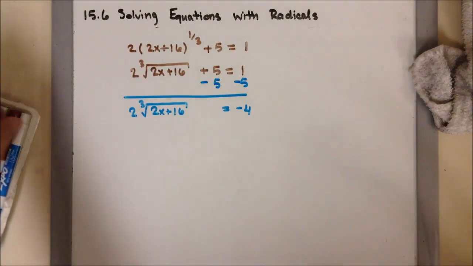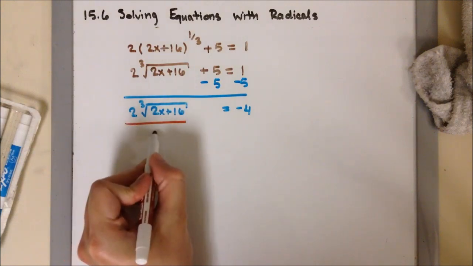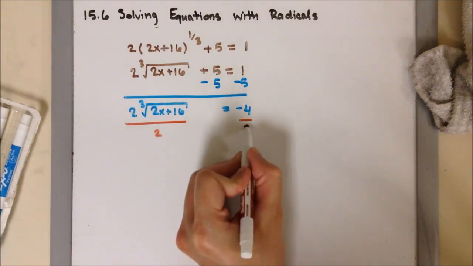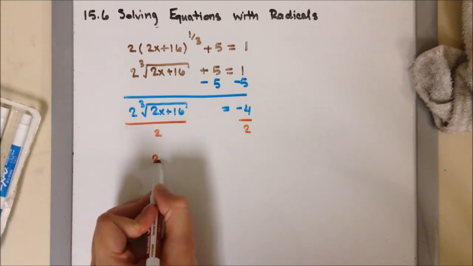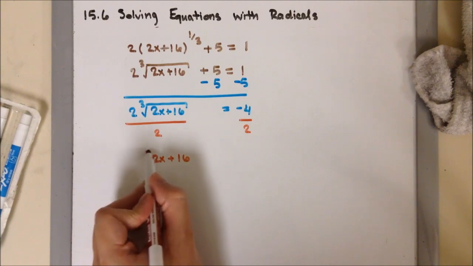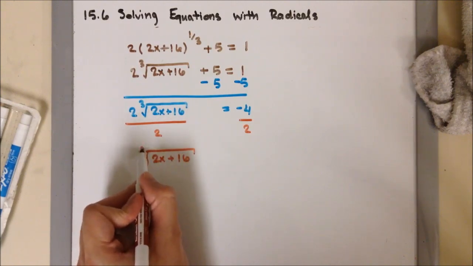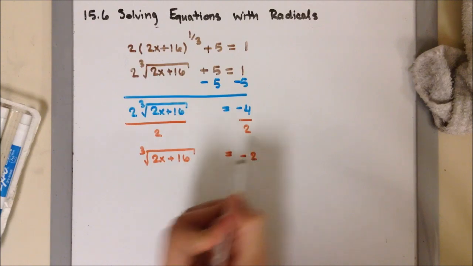From there, I'm going to divide both sides by 2. So on the left, I will still have the cube root of 2x plus 16, equal negative 4 divided by 2, which is negative 2.